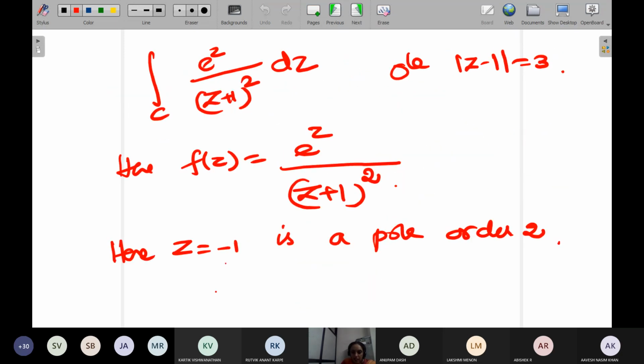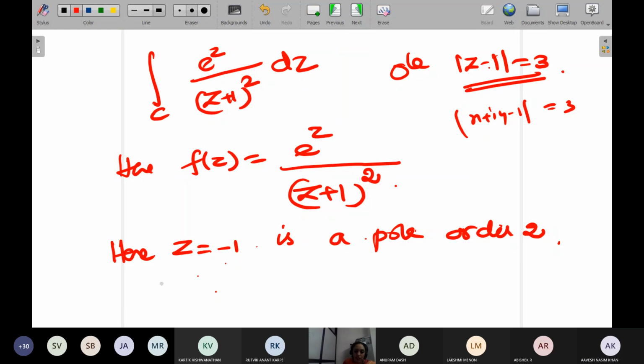First of all, I didn't check the point. Here z is equals to -1 is a pole of order 2. I should check whether it is lying in this region. So what is this? It is a circle, mod z minus 1 is equals to 3. So it is a circle with center 1 comma 0 and the radius 3.